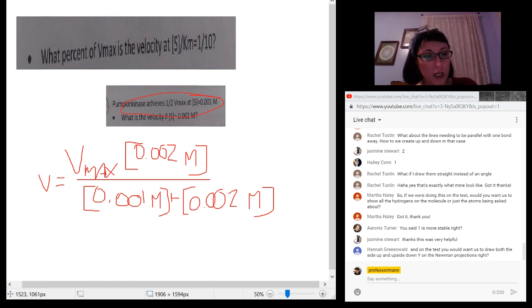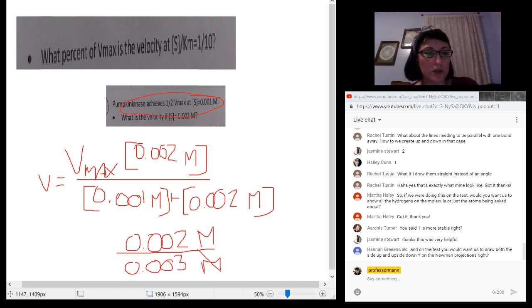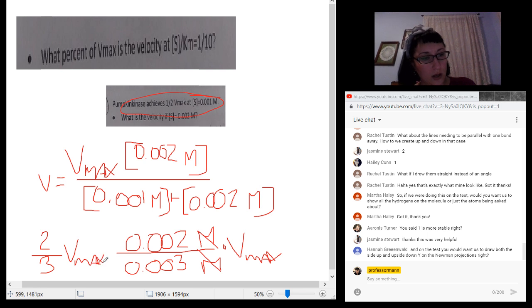Your velocity would be 0.002 over 0.003 molar times Vmax. So 2/3 Vmax. So you could either report that in terms of Vmax as a fraction, or you could do it as a percent, so 66% of Vmax.